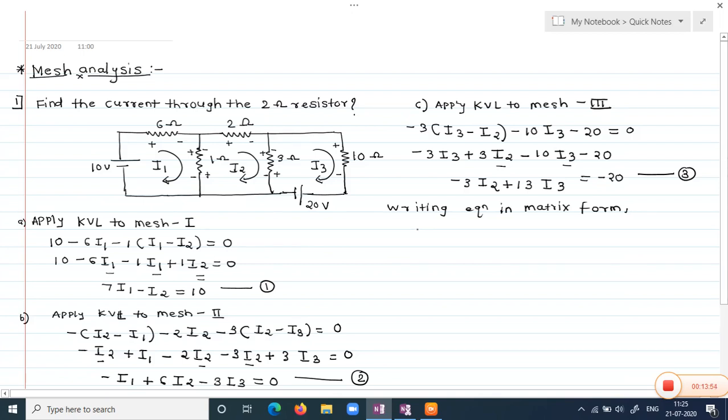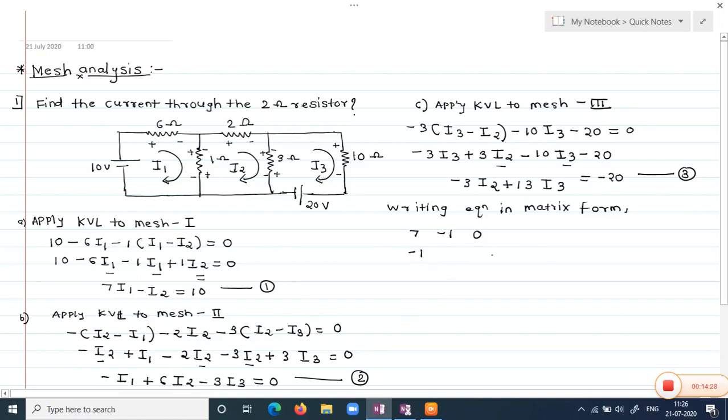The equation number 1, suppose I1 is what? I1 is 7. You can simply write 7 here. Then I2 is what? Minus 1. I3 is what? I3 is not present in equation number 1. That's why we put a 0. Okay. Then you will see the second equation: minus I1 is there, means minus 1 is present, minus 1.